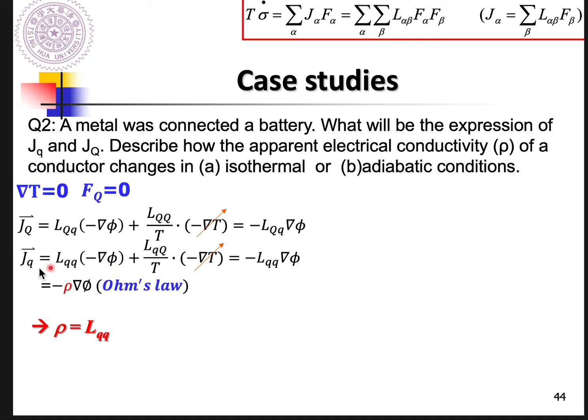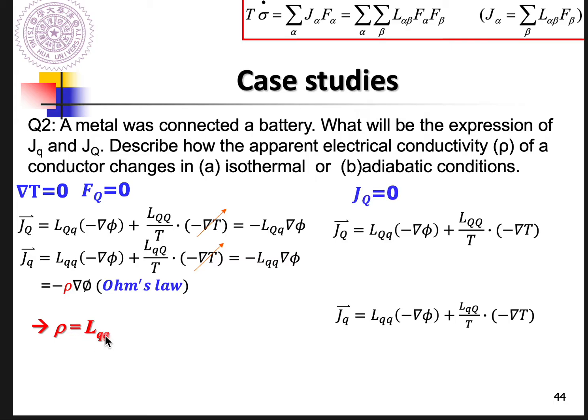So based on this, the current density we measure is the correct current density, because it only directly contributes from the electrical field we apply on this system. There's no other driving force existing or applied on this system. So based on Ohm's law, we can measure the correct or accurate electrical conductivity, and this will be equal to L small q.